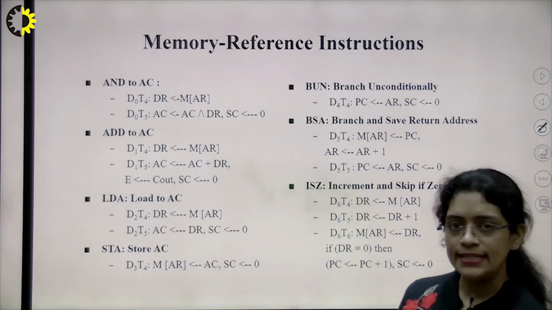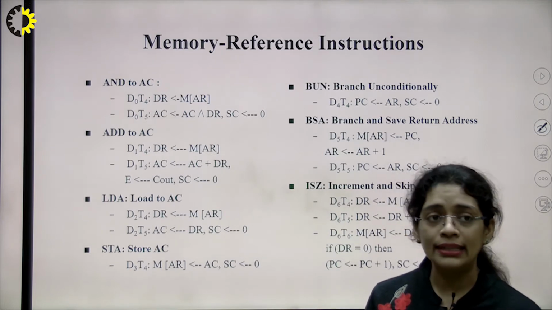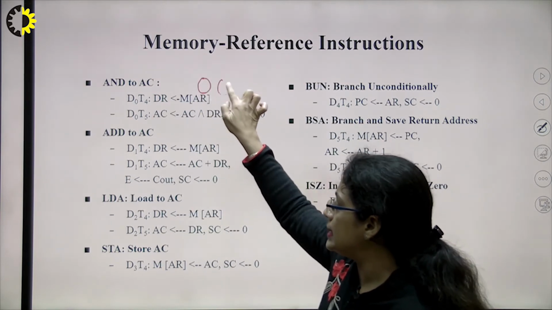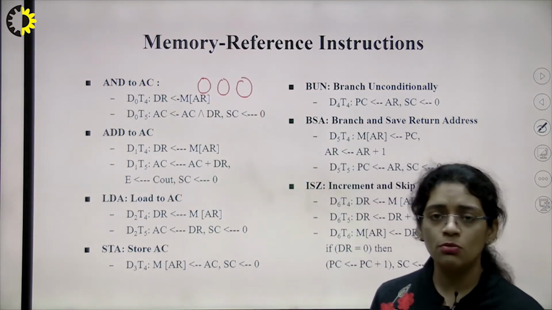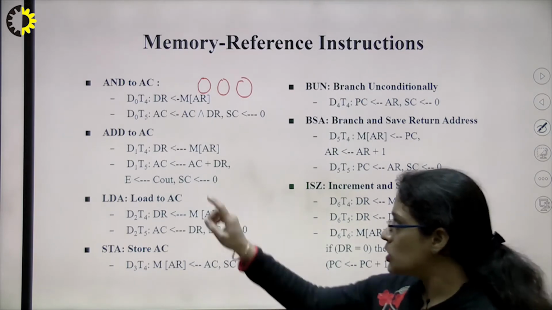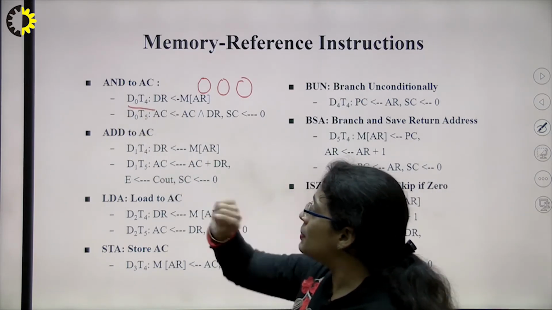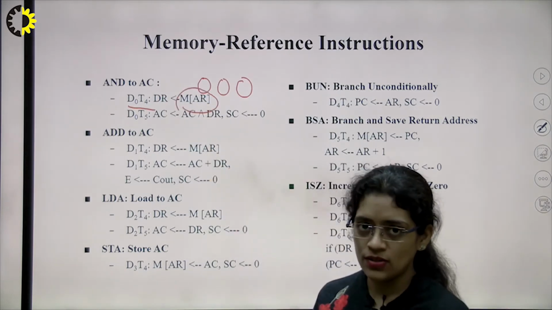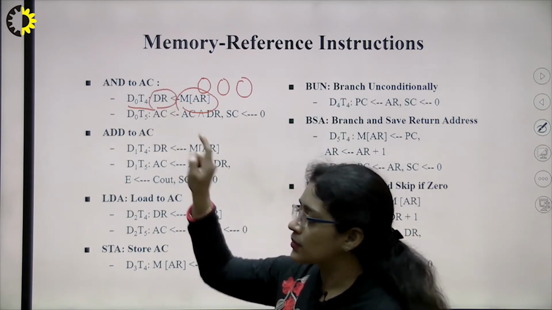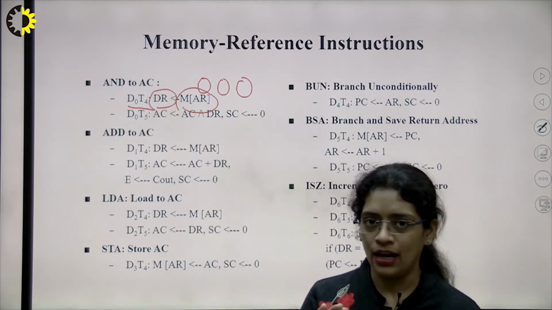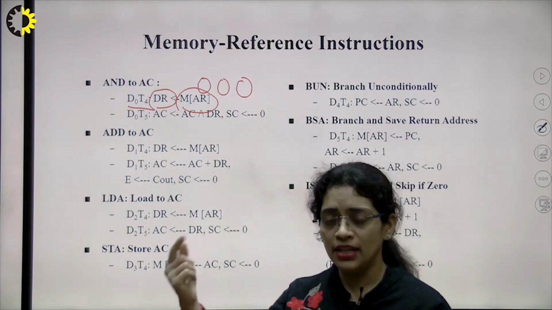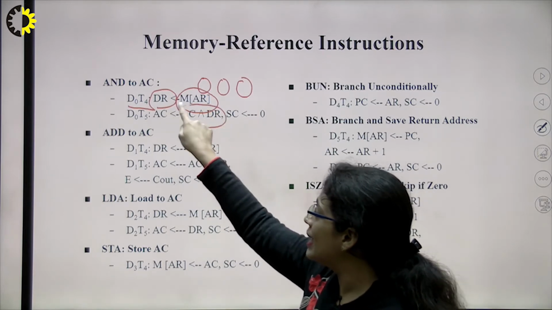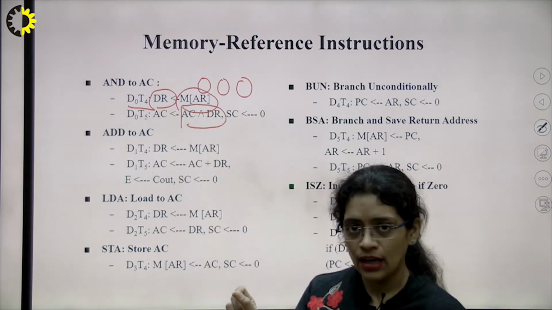The very first operation is D0, when the 12th, 13th and 14th bits are 000, and you need to perform AND to the accumulator. At the T4 time period, you take the value from the memory address in the address register and store it in DR. So you have one operand in DR. Now you perform an AND of that data with the accumulator.